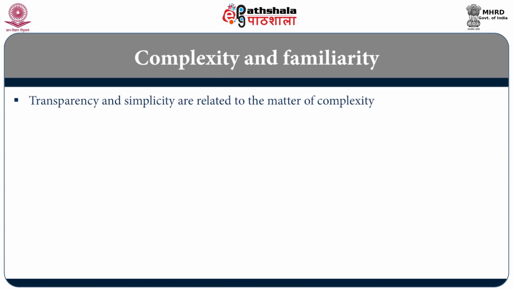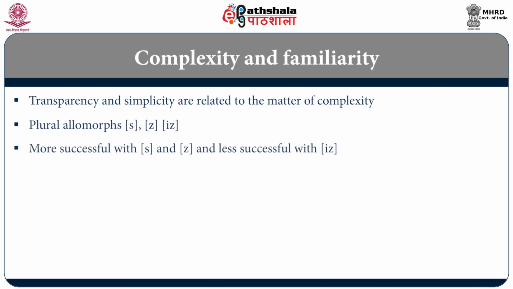Transparency and simplicity are related to the matter of complexity. The Wug experiment had a number of other items also for children to produce. One set was for children to produce plural allomorphs, the allomorphs being s, z and iz. Children were found to be more successful with s and z and less successful with iz. Here the notion of simplicity or complexity plays a role.